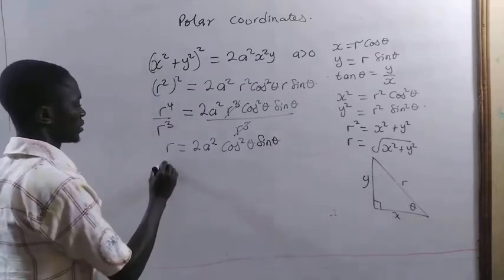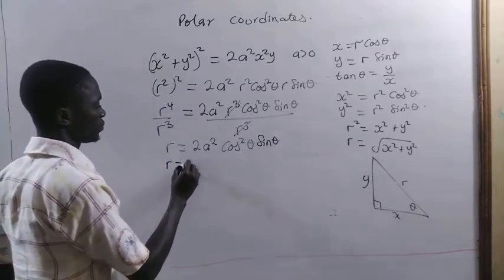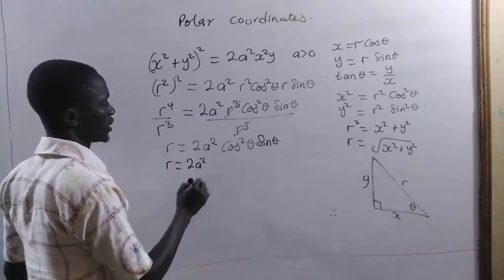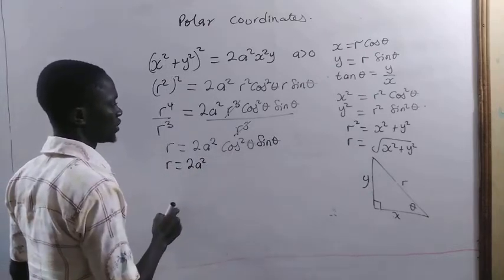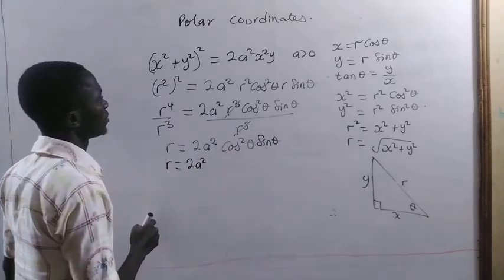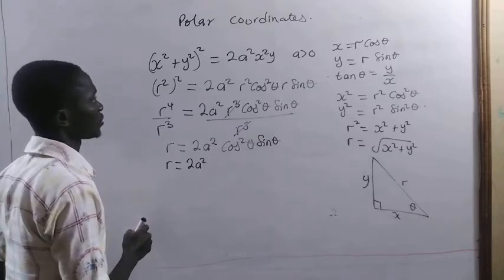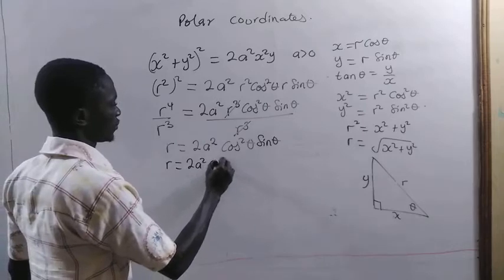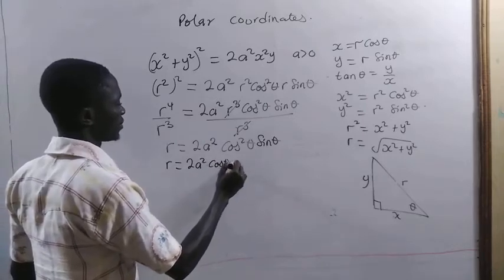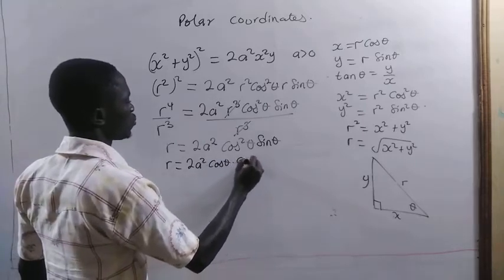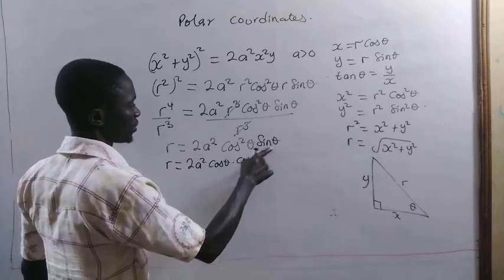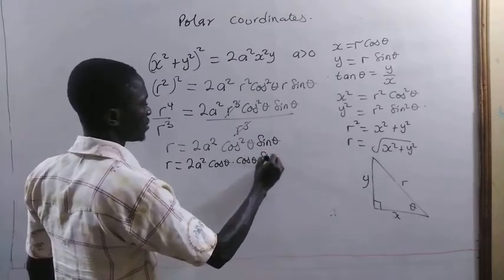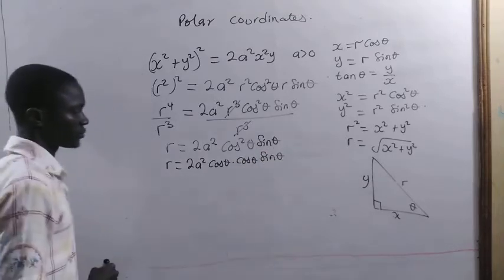This will give us r equal to 2a squared cosine squared of theta, which is the same as writing cosine of theta times cosine of theta, then times this sine of theta.